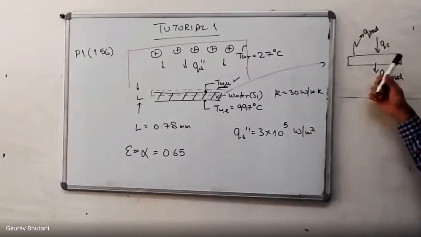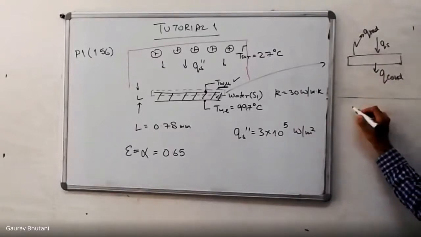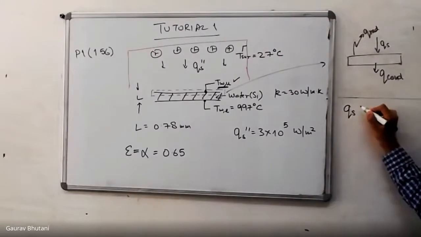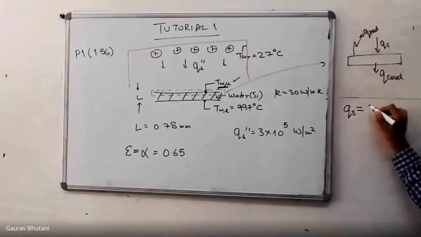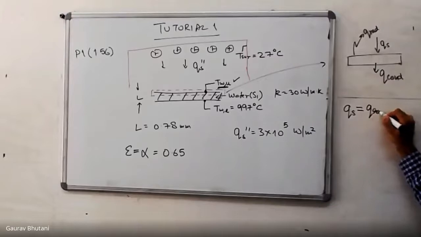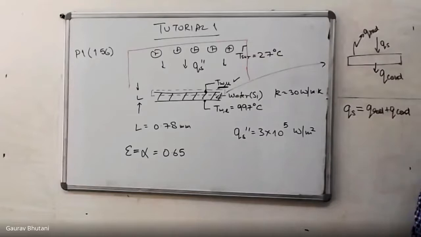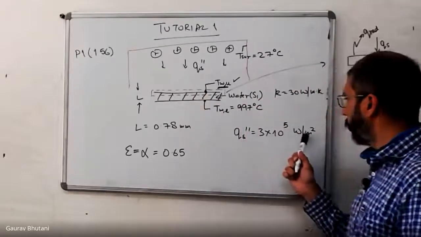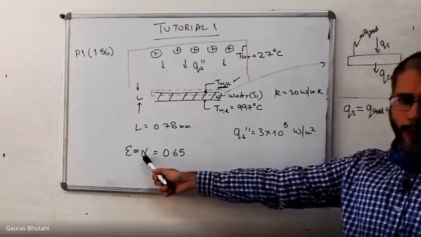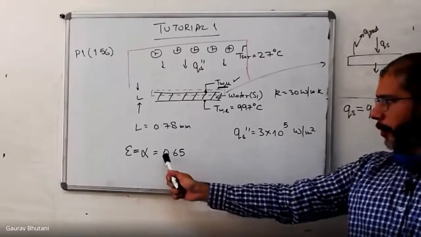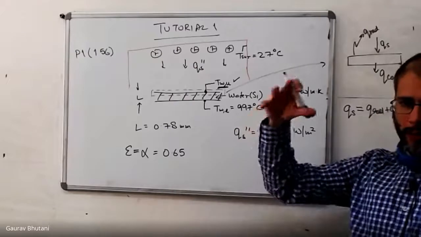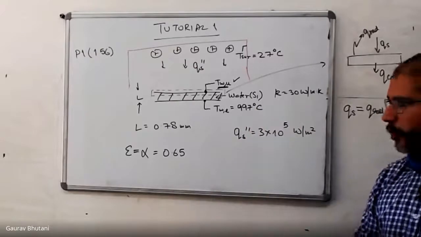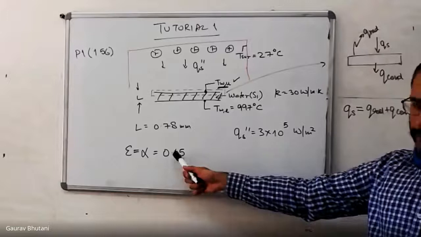So let's do that. I can write this balance as QS equals Q radiation plus Q conduction. QS is given as 3 into 10 raised to power 5 watts per meter square. But you also have an absorptivity of the material, 0.65. What that means is, whatever irradiation falls on the surface, only 65% of that gets absorbed.